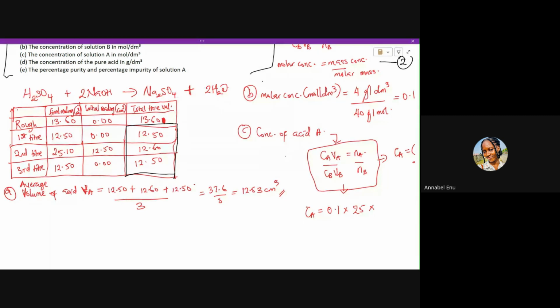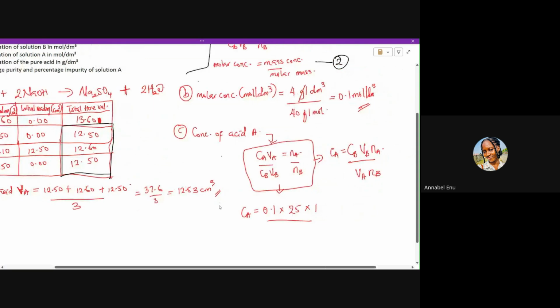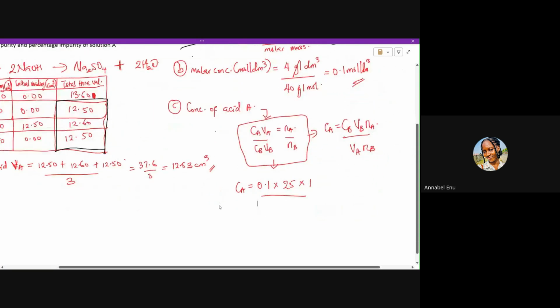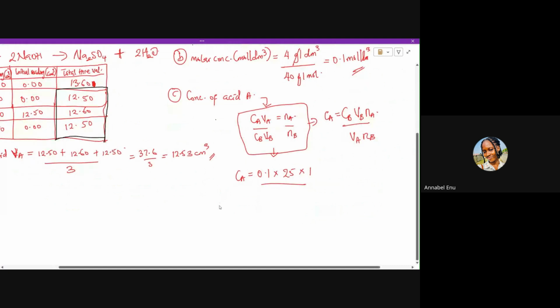Anyone there? Okay, the number of mole of acid is based on the coefficient. What is the coefficient of acid in the balanced equation? That's how you know it. It's 1, right? So 1 divided by, let's go back to, so because we went quiet, that was why no one answered.